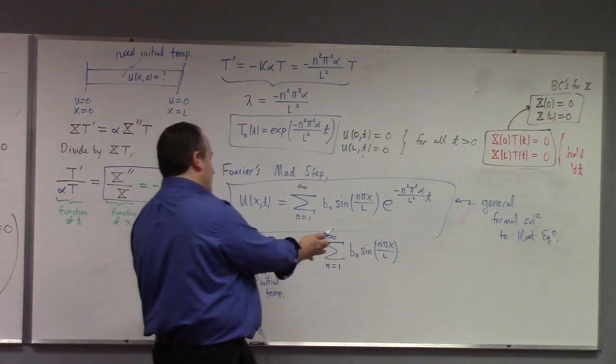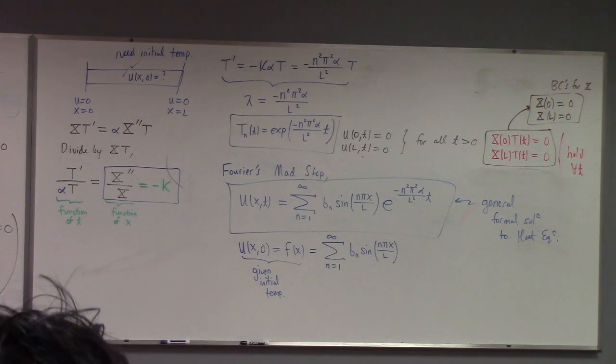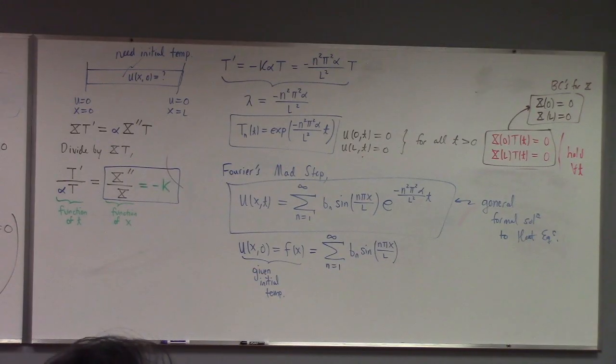The exponentials go, e to the 0 is 1. So now to solve the problem, we simply need to find what are the b sub n's. Solving this heat equation problem has now been reduced to the problem of figuring out what the b sub n's are. How do you think we should do that?